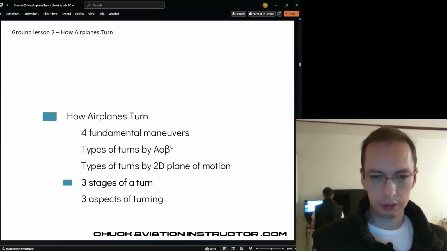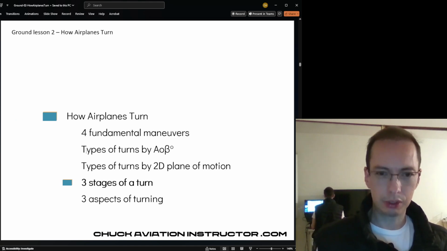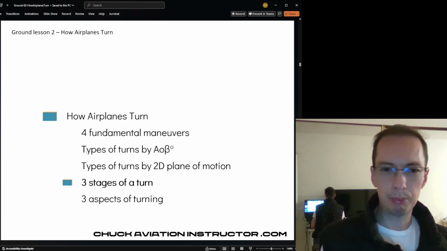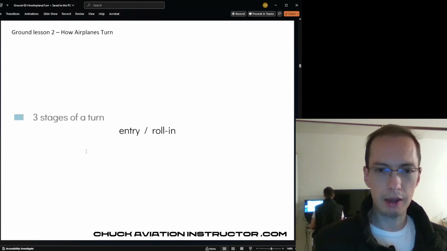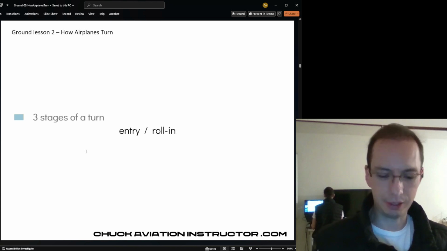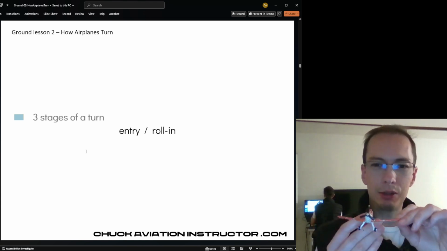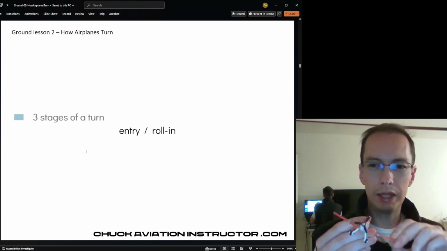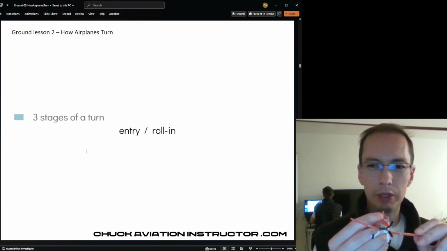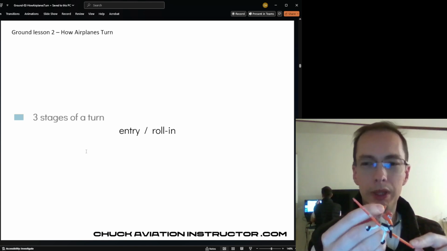And now that we're talking about turns, it's good to separate the three different stages because they have a beginning, a middle, and an end, like a good essay, right? They're also called entry or roll in. And I'm going to call it roll in because I'm actually rolling with the ailerons.